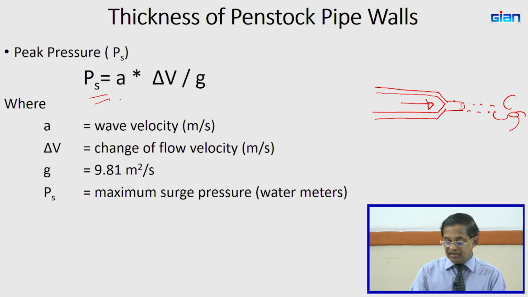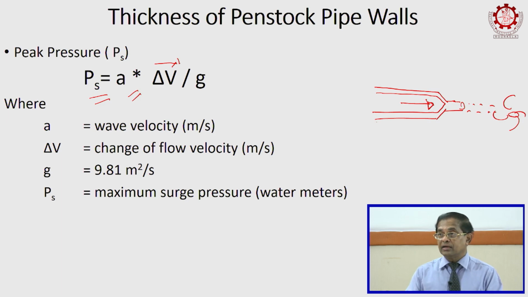The peak surge pressure is given by the average wave velocity into the change of speed. Change of speed we can take as the water speed here, because it can instantaneously change to 0 if the valve closes instantaneously.